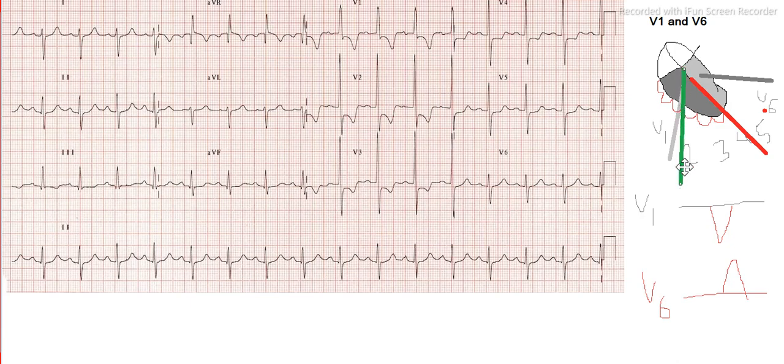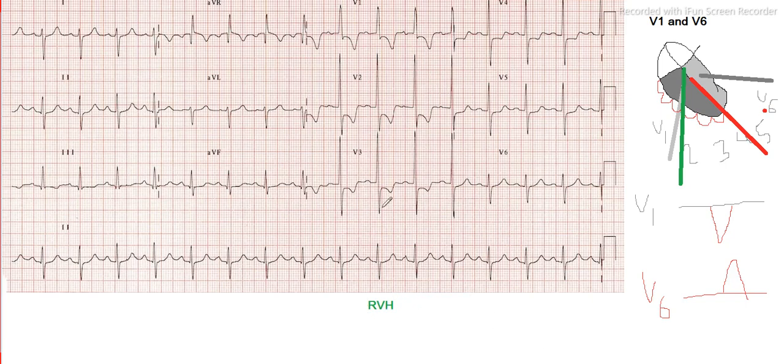So you see this green line, this is the new resultant vector due to right ventricular hypertrophy. Because of right ventricular hypertrophy, it is going towards the direction of V1.